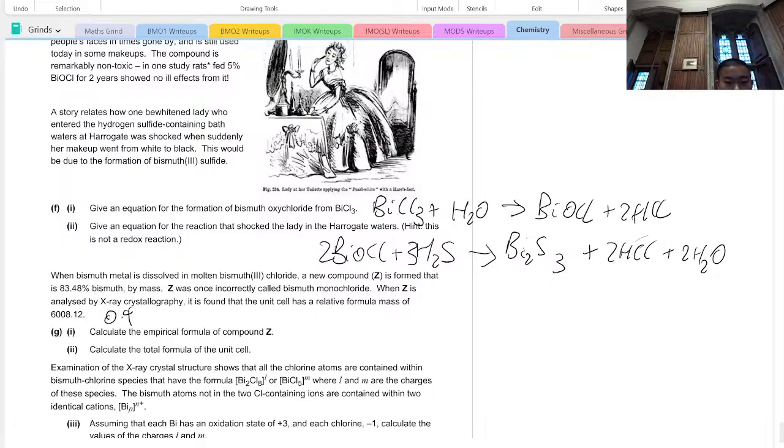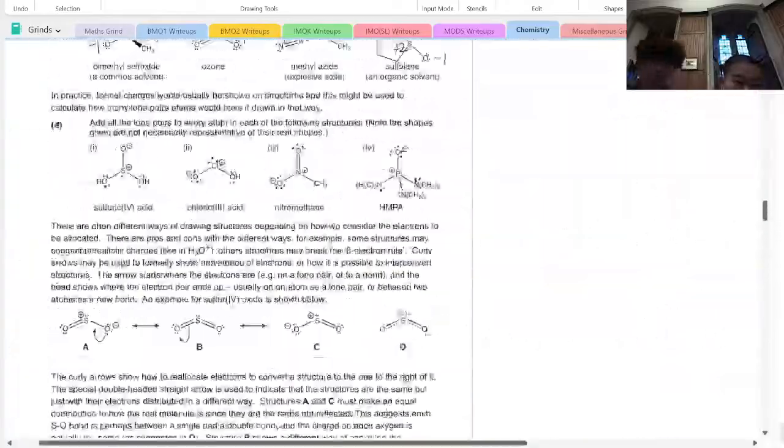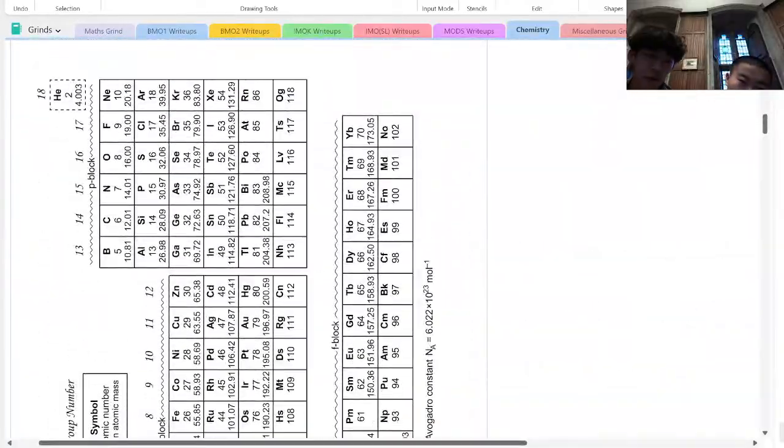Wait. Is this thing bismuth and chloride? Those are the only things. What's the Mr of chlorine? 35.45.